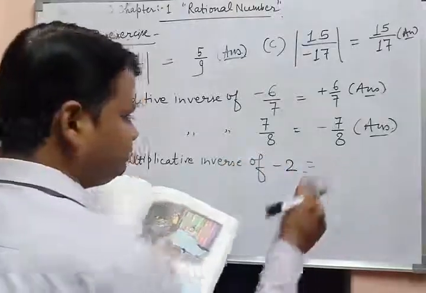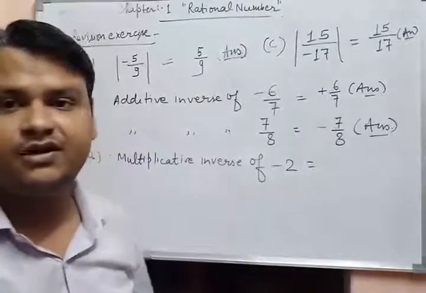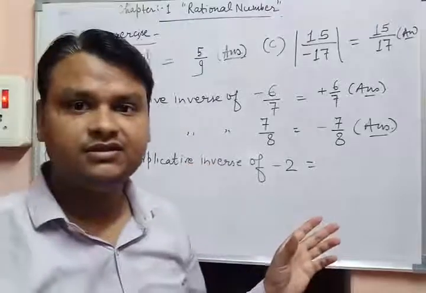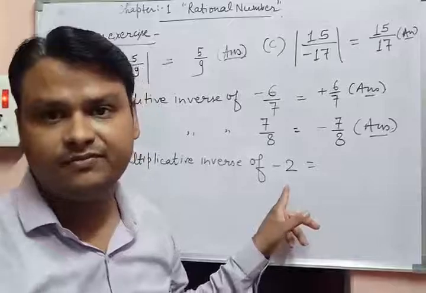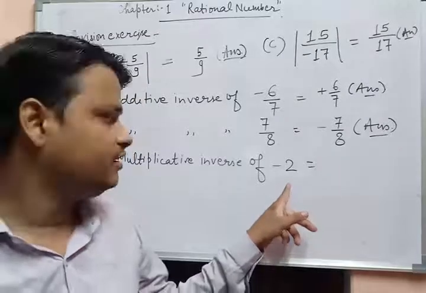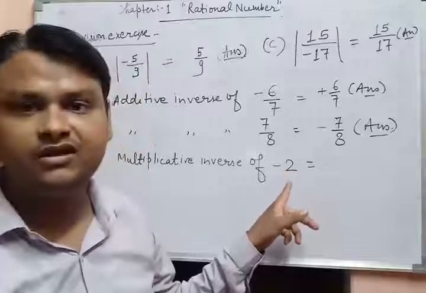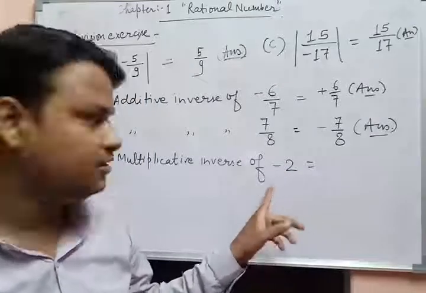Listen, first of all you have to know what multiplicative inverse is. Multiplicative inverse is the number which, if we multiply it with this number, gives the result 1.